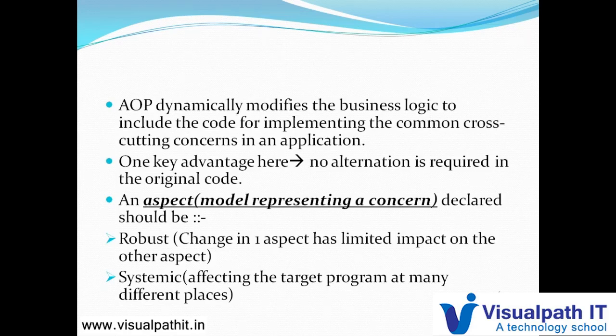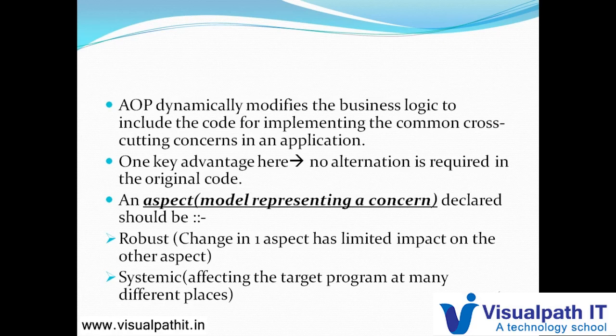So what AOP does is dynamically modify the business logic to include the code for implementing the common cross-cutting concerns in an application. There is no alteration required in the original code.